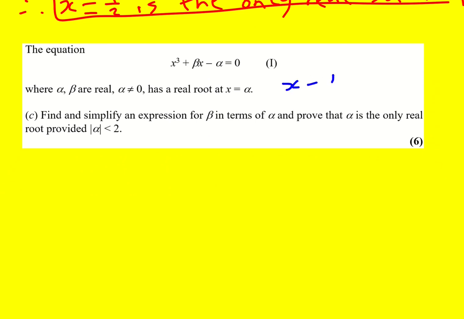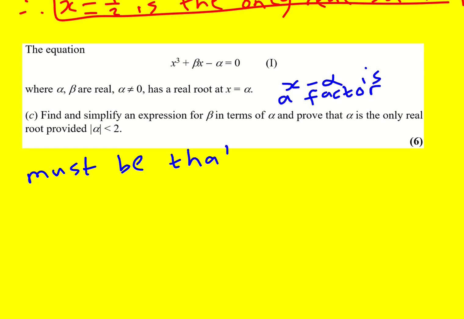So x minus alpha is a factor. And we also know, okay, we can substitute alpha in. It must be that alpha cubed plus beta alpha minus alpha is equal to 0.